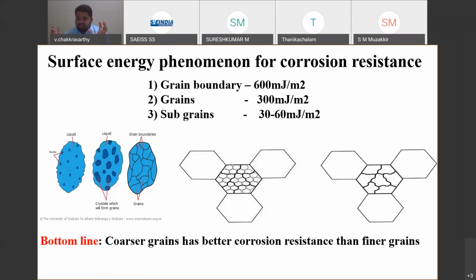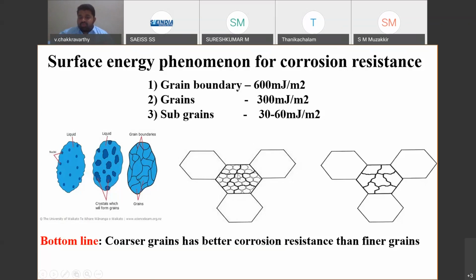So when you compare the two, a finer grain structure is more preferable as compared to a coarser grain structure. But from the perspective of corrosion resistance, coarser grains are more preferable as compared to the finer grain structure. That was the bottom line I mentioned there.